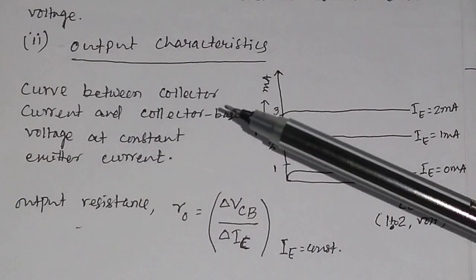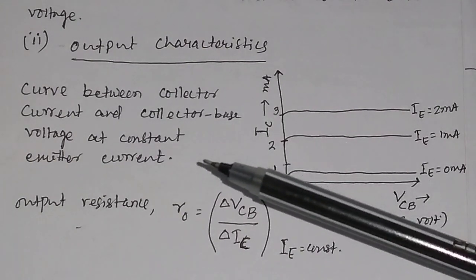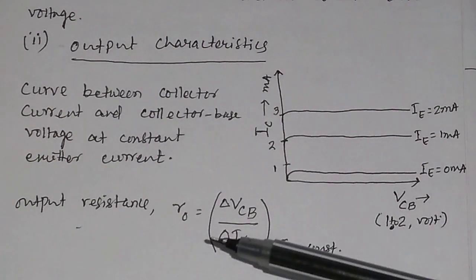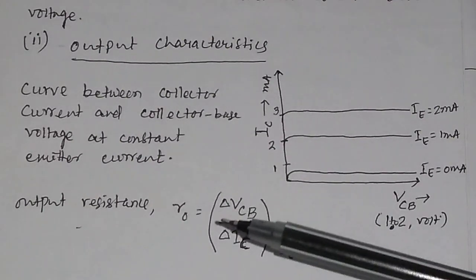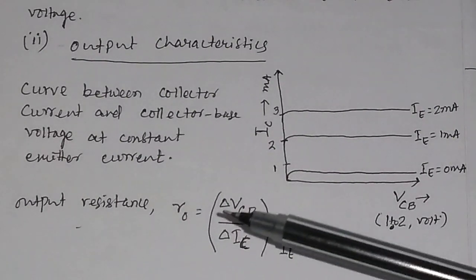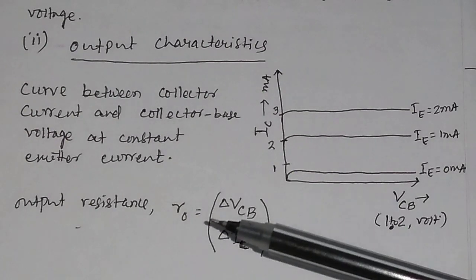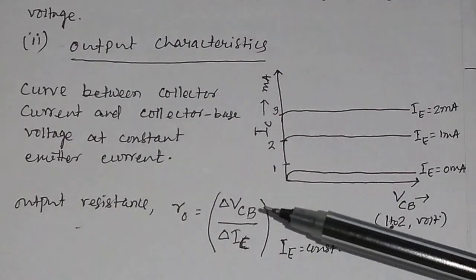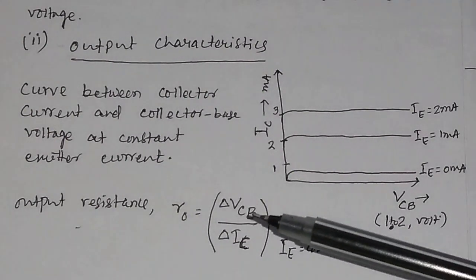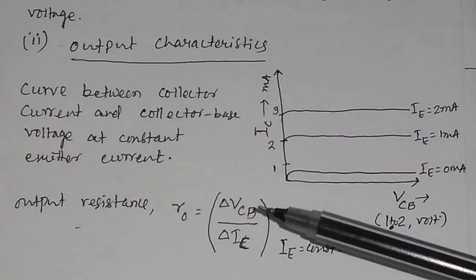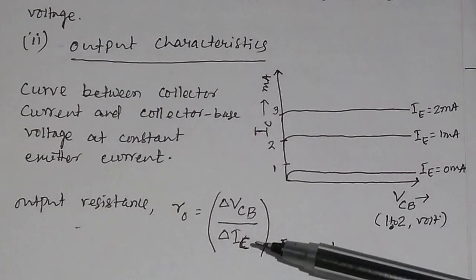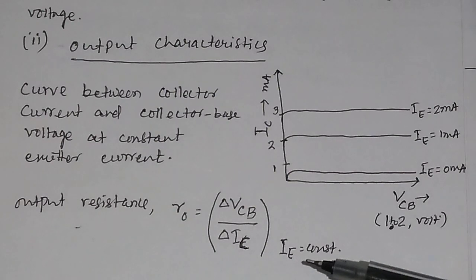So the curve between collector current and collector base voltage at constant emitter current is called the output characteristics. The output resistance, you may represent it as RO, is equal to delta VCB, the change in collector base voltage, to the change in collector current, at constant emitter current.